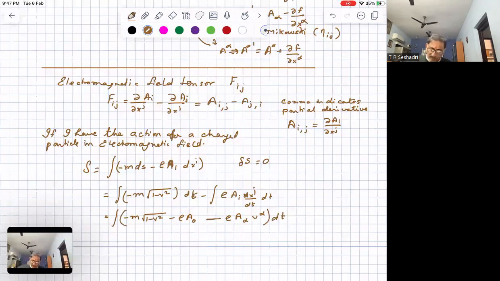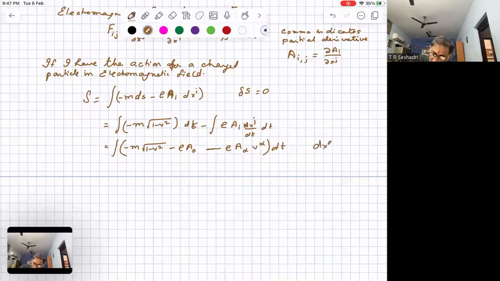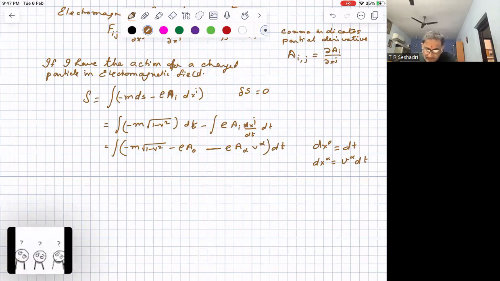Because I have dx0 equal to dt and dx alpha equal to v alpha dt. Is this expression okay? Yes.